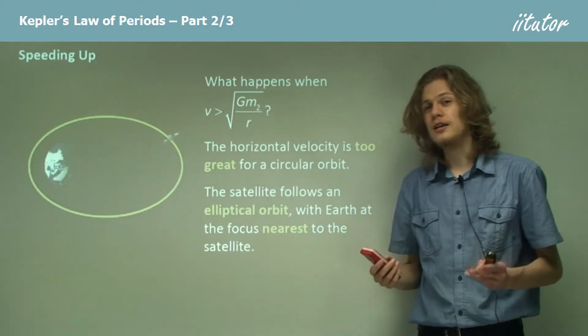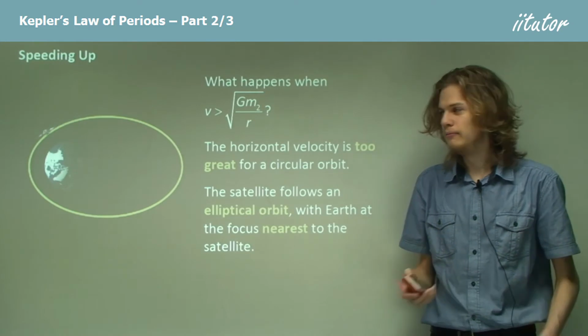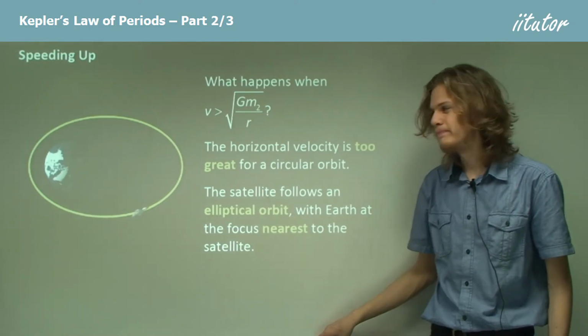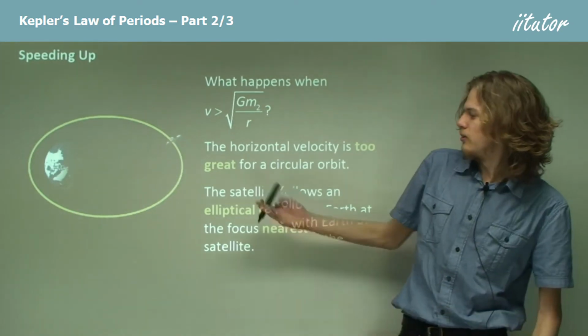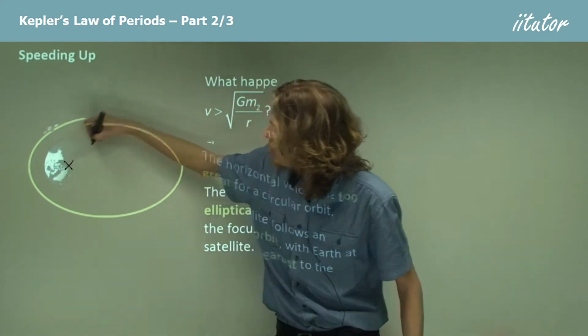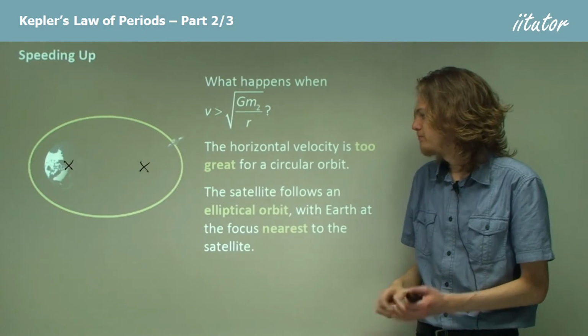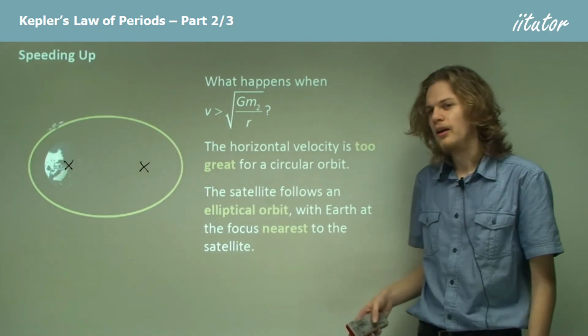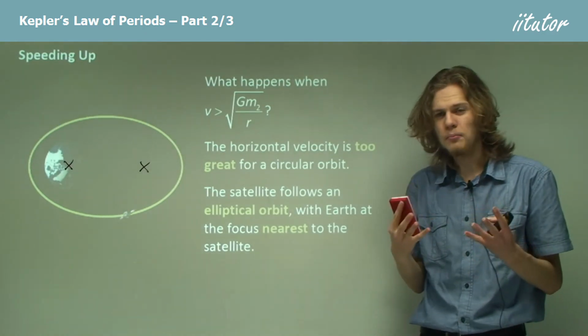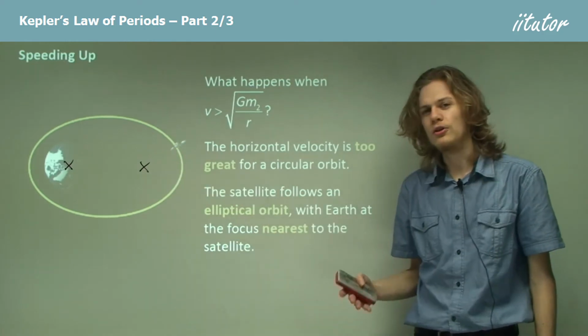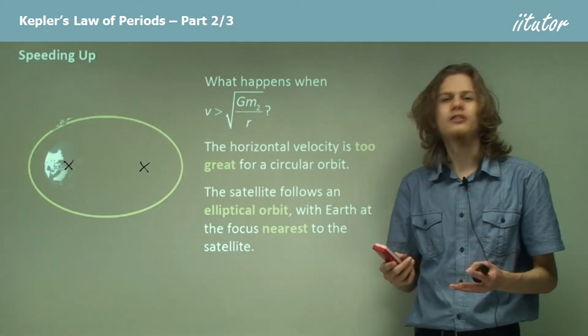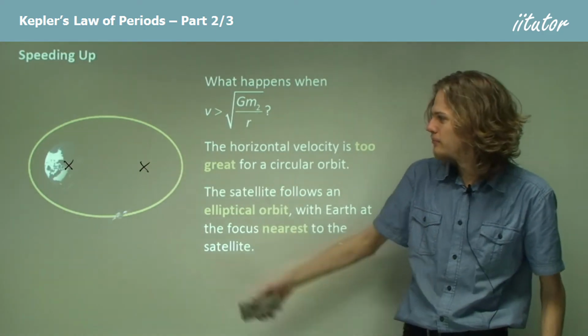Remember that an ellipse has two foci, or two focuses. One of them will be at the Earth, the other will be in empty space. In this case, when we speed up, the Earth will become the focus nearest to the satellite when it begins to speed up.